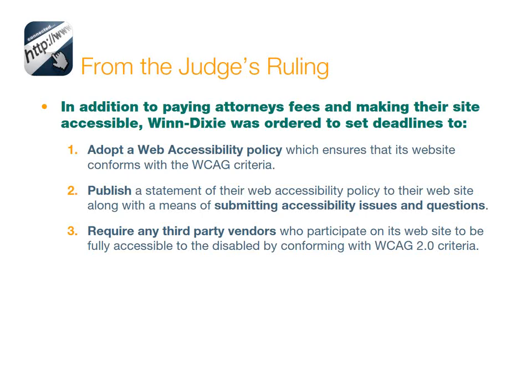You need to make sure that those third parties have their components of your website be compliant with web accessibility by a date. He didn't say what date that had to be. It didn't have to be next month. It didn't necessarily have to be next year, but he's requiring Winn-Dixie to specify a date by which any third-party vendors who participate on its website will be fully accessible to the disabled.